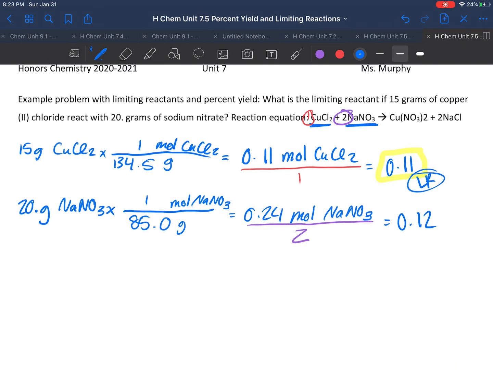Now, this gives us the value to calculate the theoretical yield. And so we always have to go, if we're looking at our reaction, we are going from copper chloride to sodium chloride.